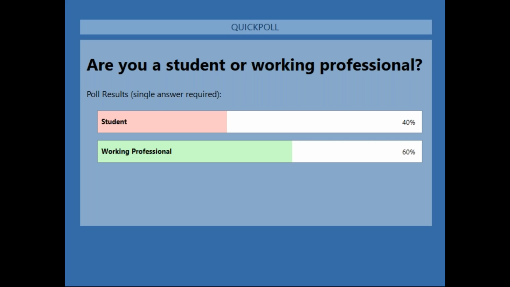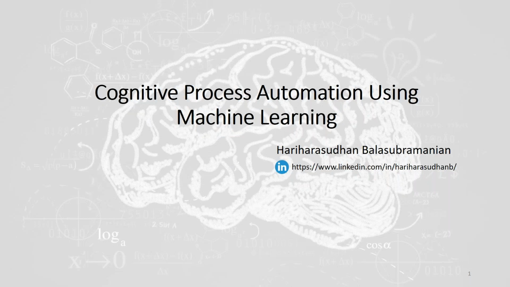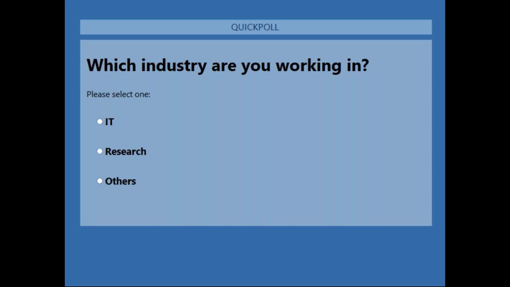Moving to the next question, I want all of you to put in which industry you belong to, whether an IT industry, a research company, or others. Giving another 15 seconds for this poll.